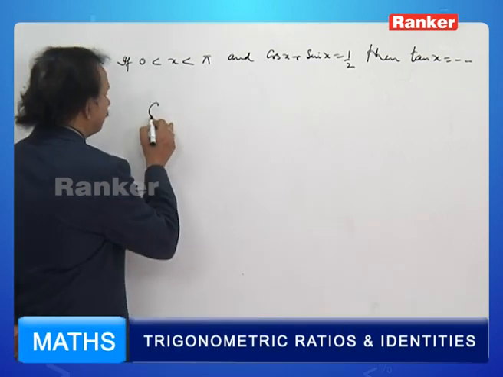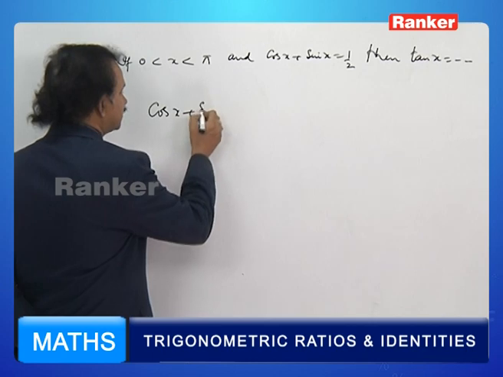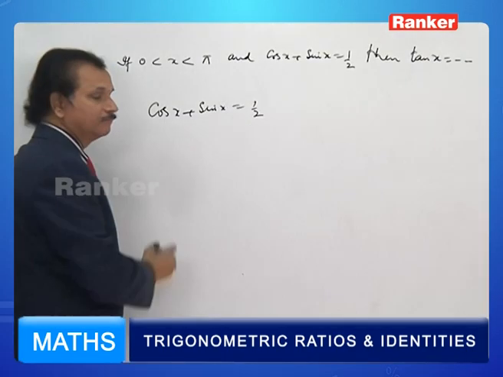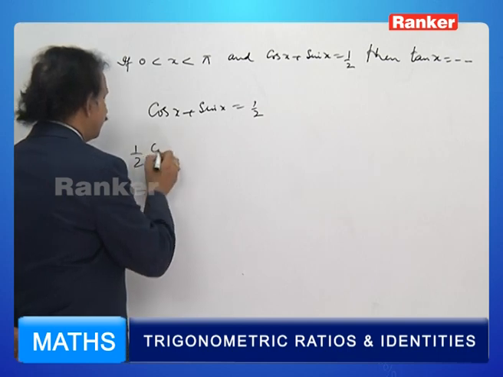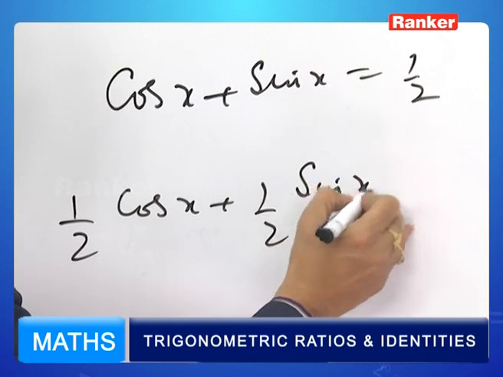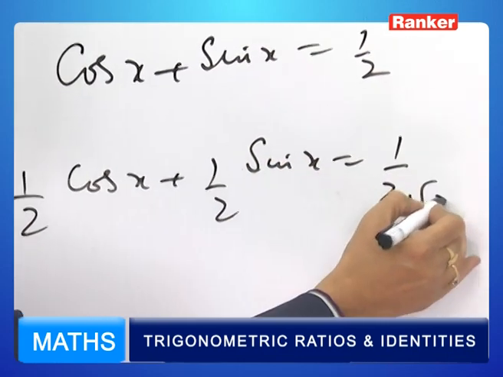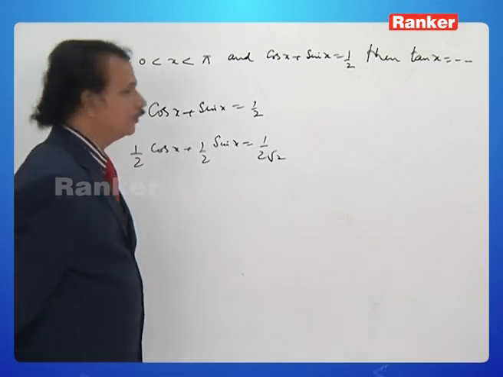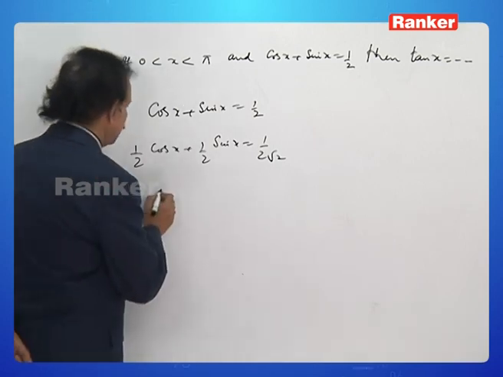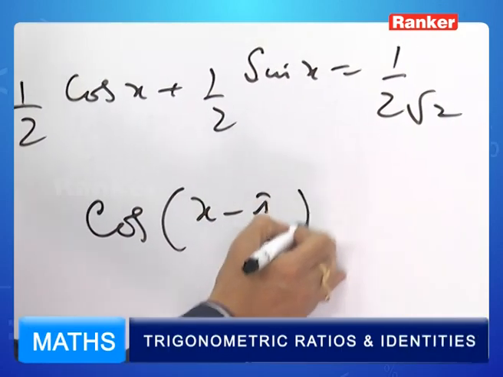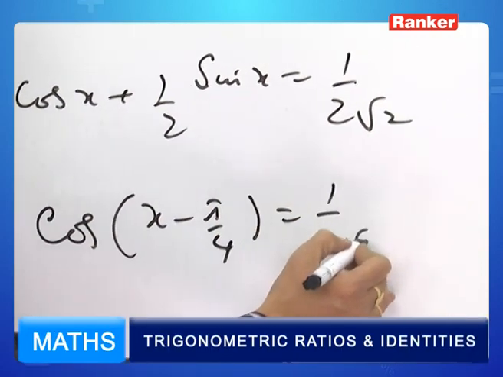Look here, cos x plus sin x is equal to half. 1 by root 2 cos x plus 1 by root 2 sin x is equal to 1 by 2 root 2. So cos of (x minus pi by 4) is equal to 1 by 2 root 2.